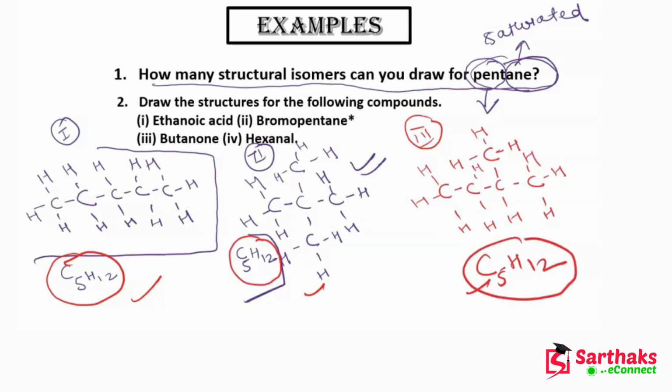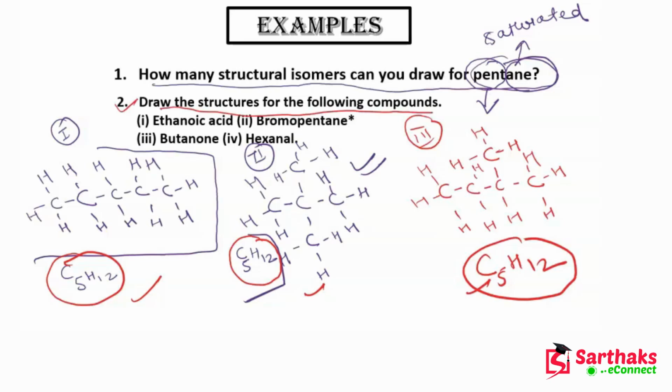So I hope guys the answer to this question is clear to you. You might have been able to understand how I drew the structure of these pentane isomers. Now guys, if it is clear to you, let's talk about the second question, which is to draw the structure for the following compounds.